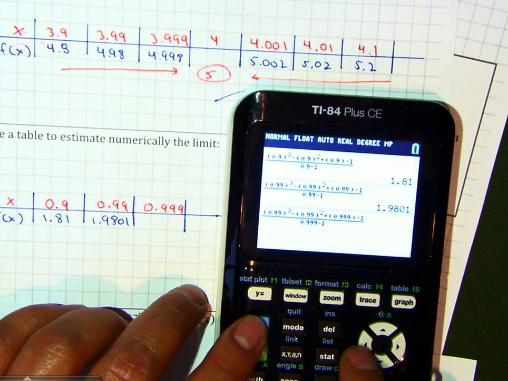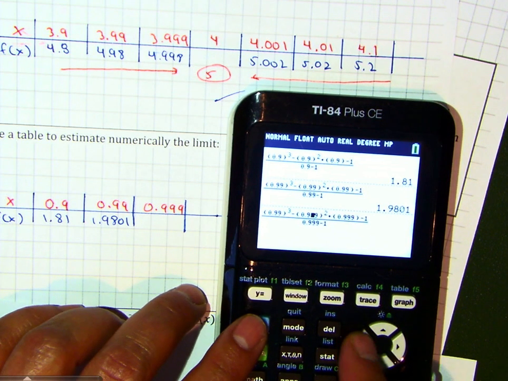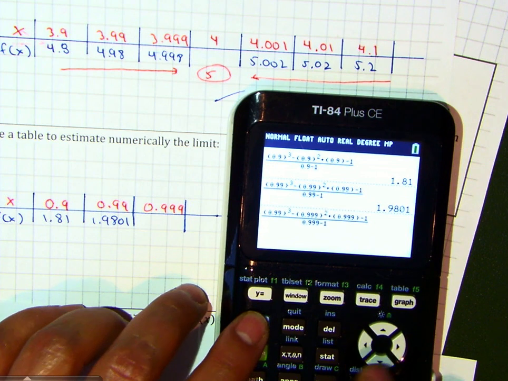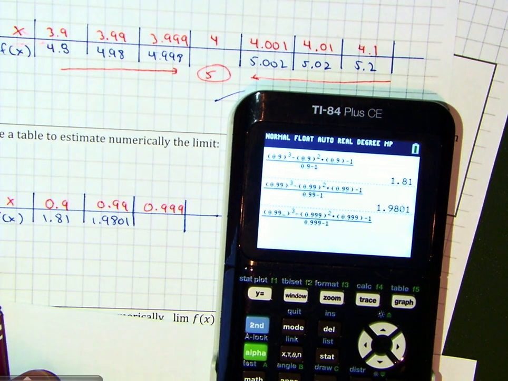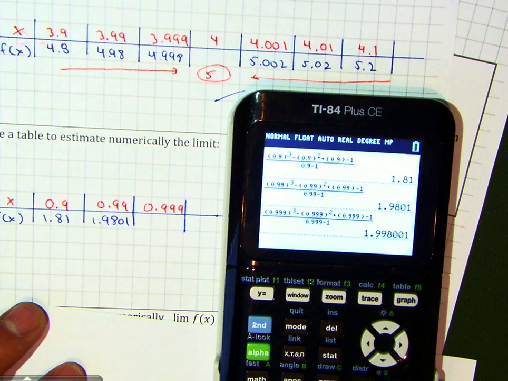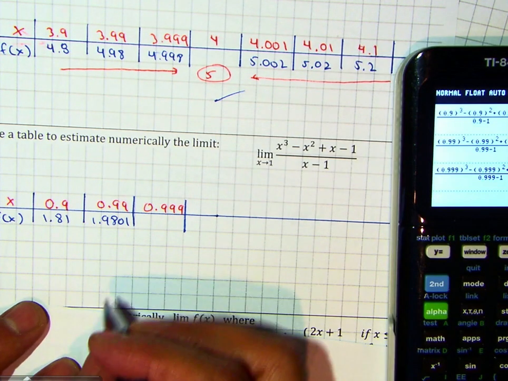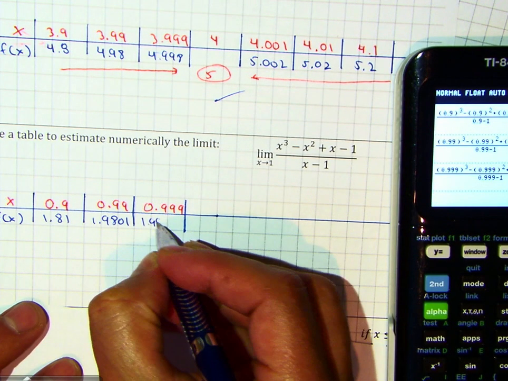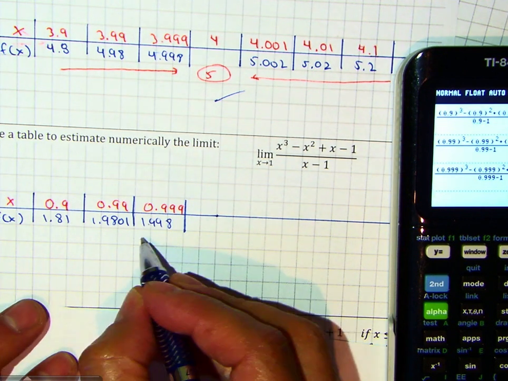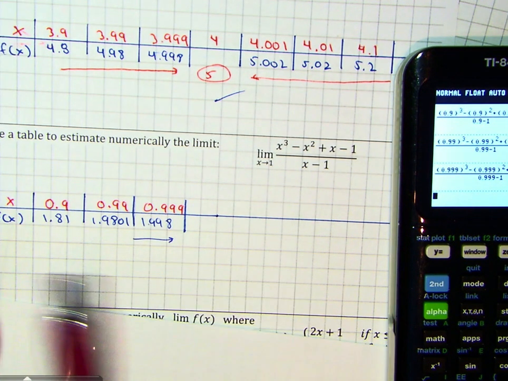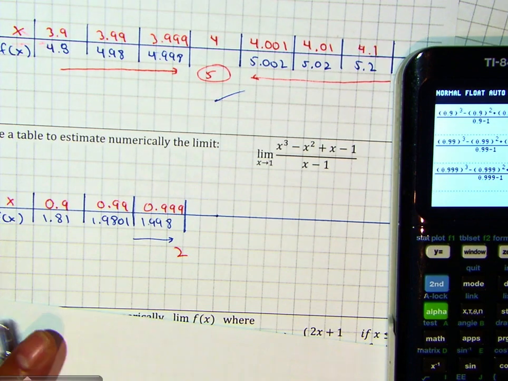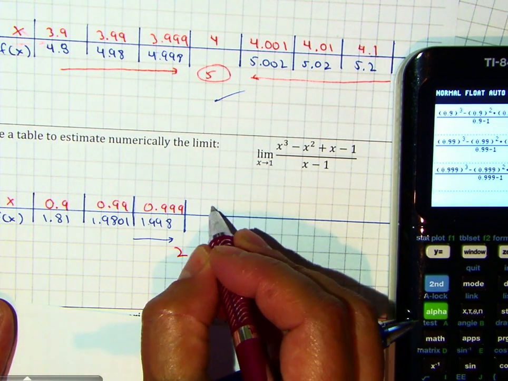Or you can retype it if you want. So therefore that gives me 1.998. So you can see this is approaching 2, correct? So let's see what happens on the right.